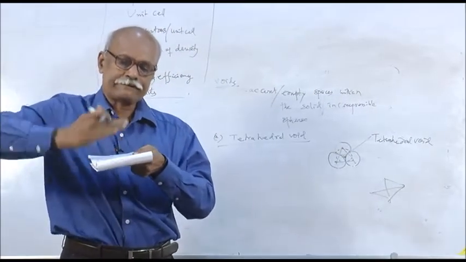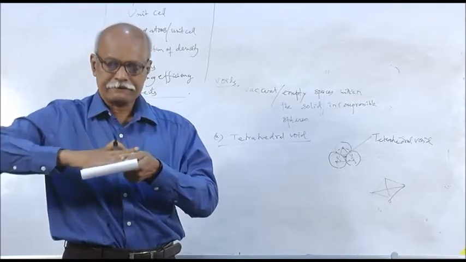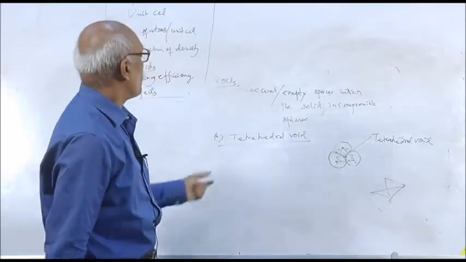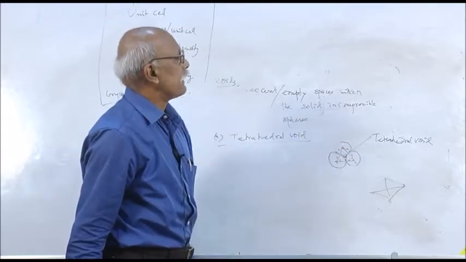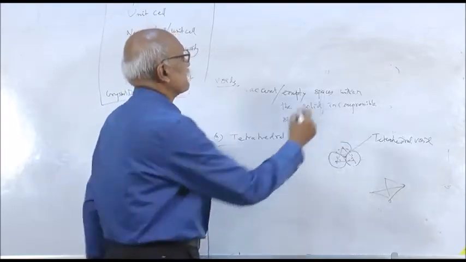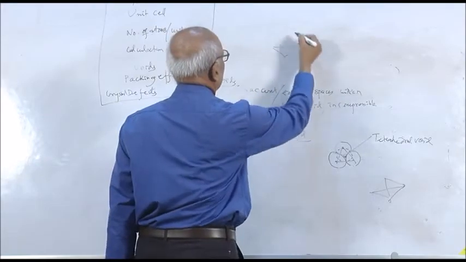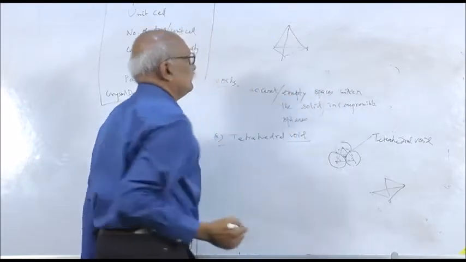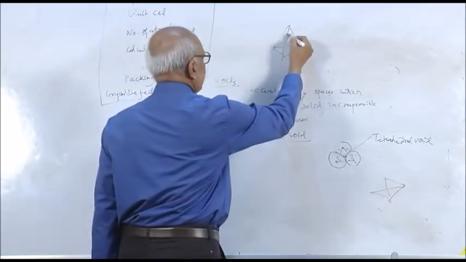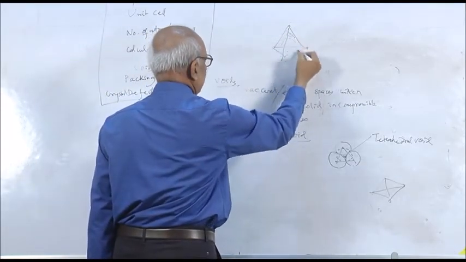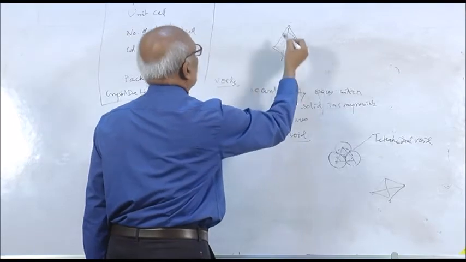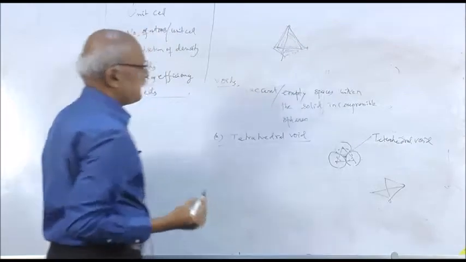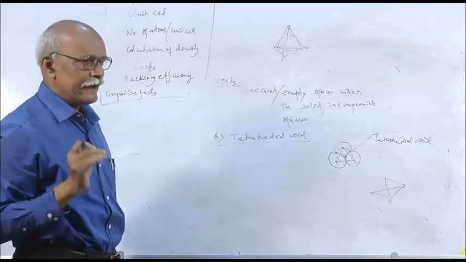So this is a face, this is a face, this is a face, and this is another face. There are four faces, so this is a tetrahedral void. You can also draw a tetrahedron as a triangle with a point above. There are four faces in a tetrahedron. Hedral means sides.